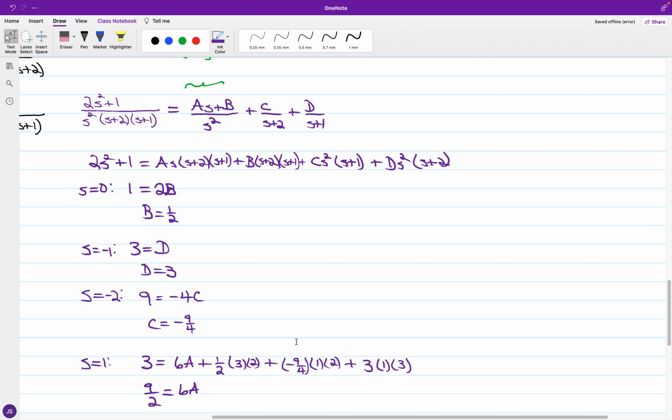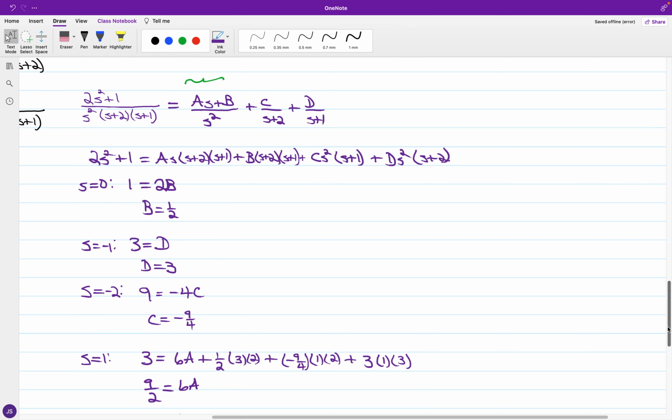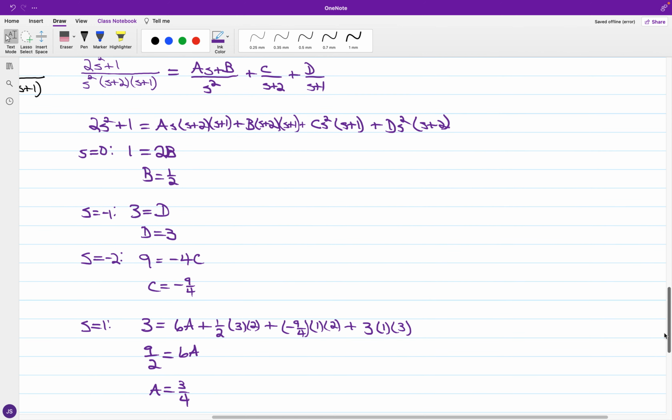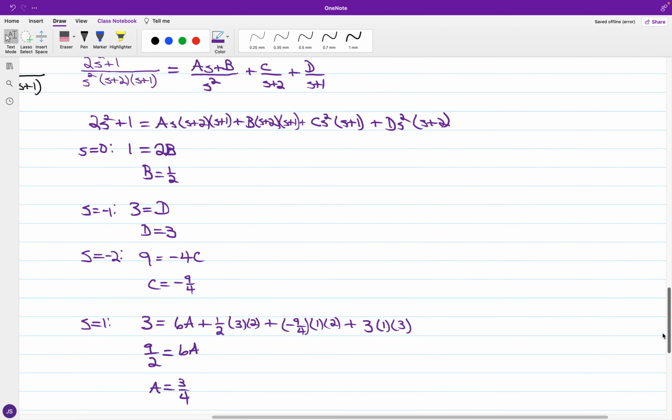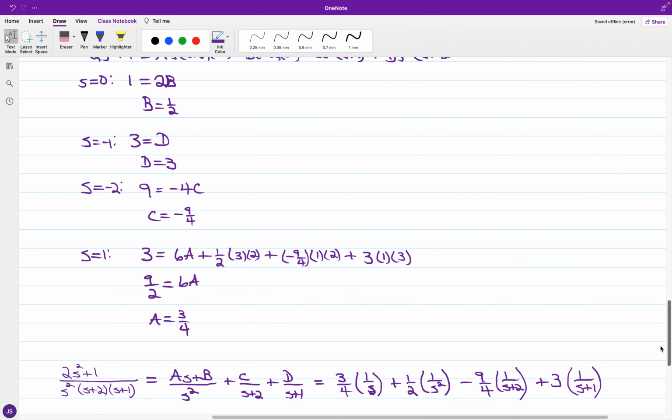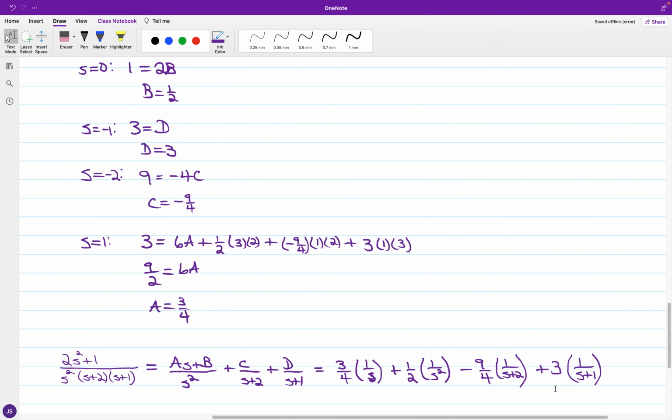From c, I have -9/4, and 1 squared is 1, 1 plus 1 is 2, and d, we have already established at 3, 1 squared is 1, 1 plus 2 is 3. Looking at taking the products and combining the constants, we have 6a is equal to 9/2, and with division by 6, a is 9/12, which is reducible to 3/4.